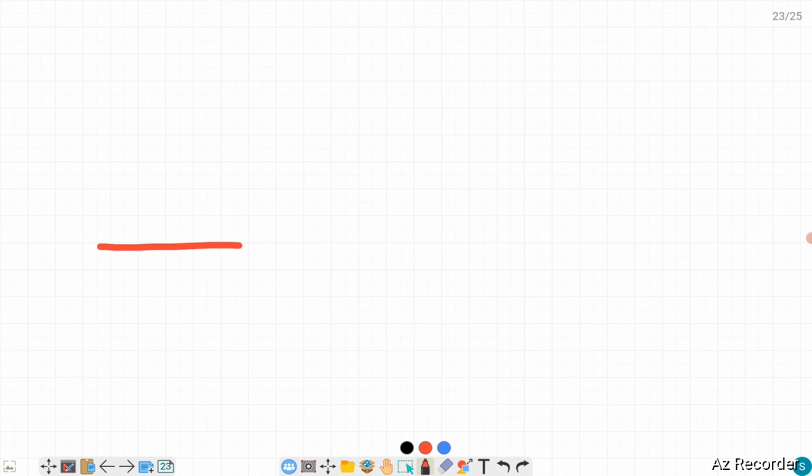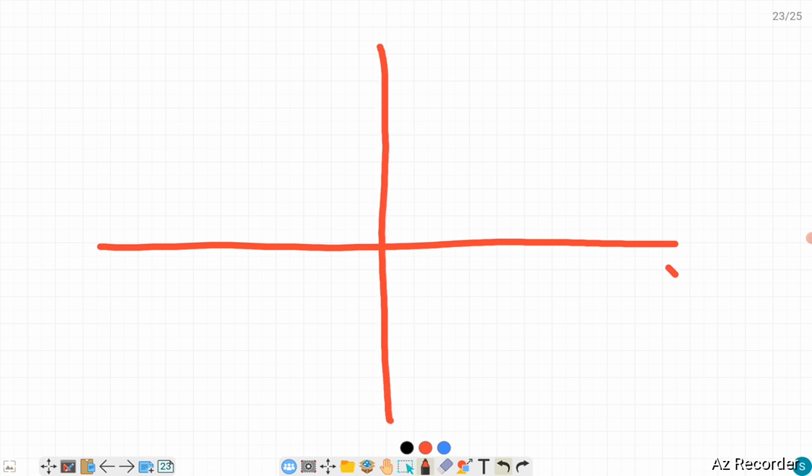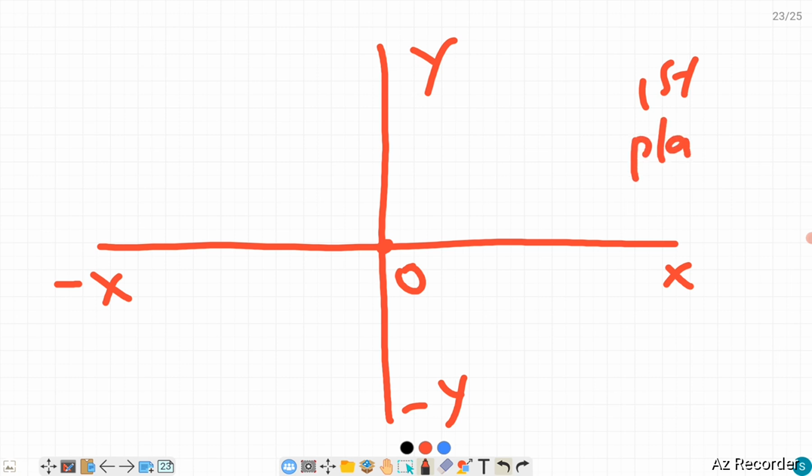Now let me draw x-axis and y-axis. X, negative x, y, negative y. This you know, and this is what? Origin O. Correct. Now this is first quadrant. I am taking it as first plane, second, third and fourth.